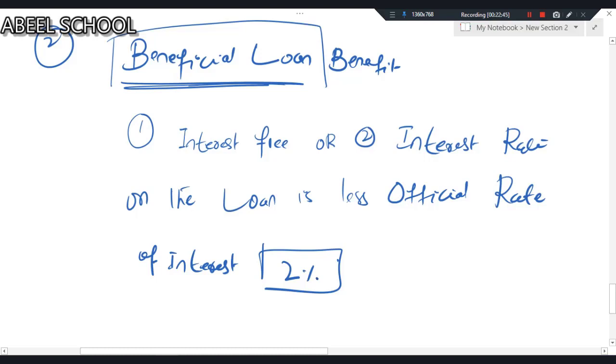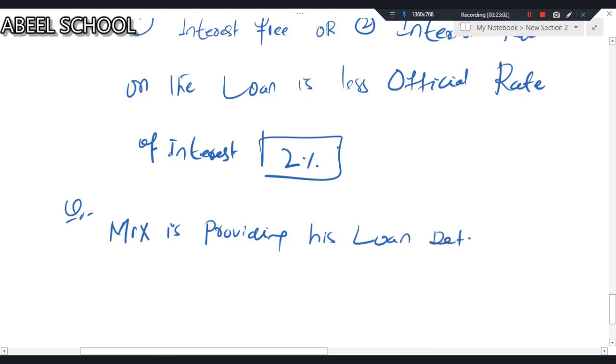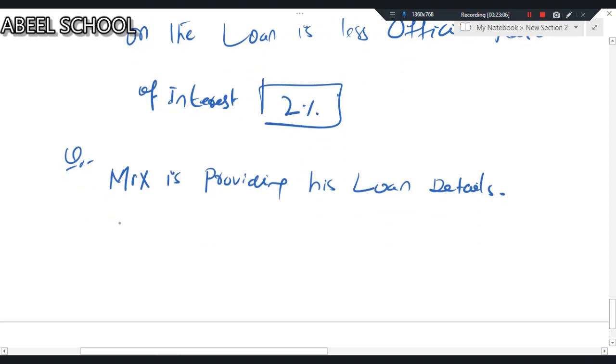Now, how do we calculate beneficial loan benefit? Let's see the question. Mr. X is providing his loan details. On 6 April 2022, he took the loan from the company amounting to 20,000.